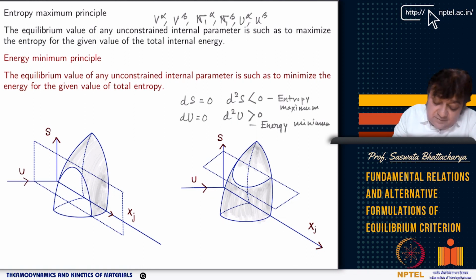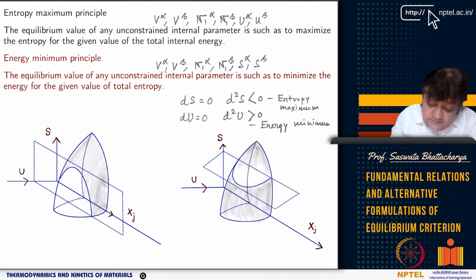But energy minimum is telling you exactly the same statement in this way: the equilibrium value of any unconstrained internal parameter, again the same set of unconstrained internal parameters or maybe slightly different. For example, the internal parameters are the same, V alpha, V beta, N1 alpha and N1 beta, but now you have S alpha and S beta, right?